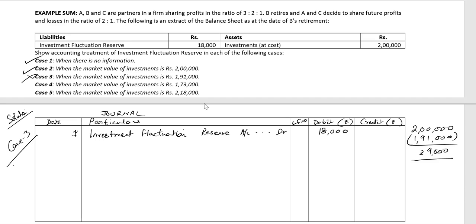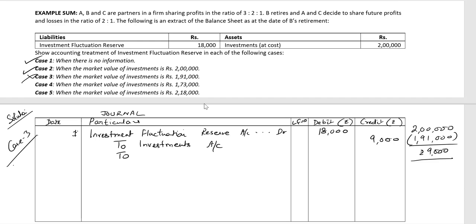To reduce the value of the investment from 2 lakh to rupees 1,91,000, we need to credit investments account with rupees 9,000. So to investments account 9,000. So by crediting investments account by 9,000, we ensure that the value of investment is now 1,91,000 rupees.